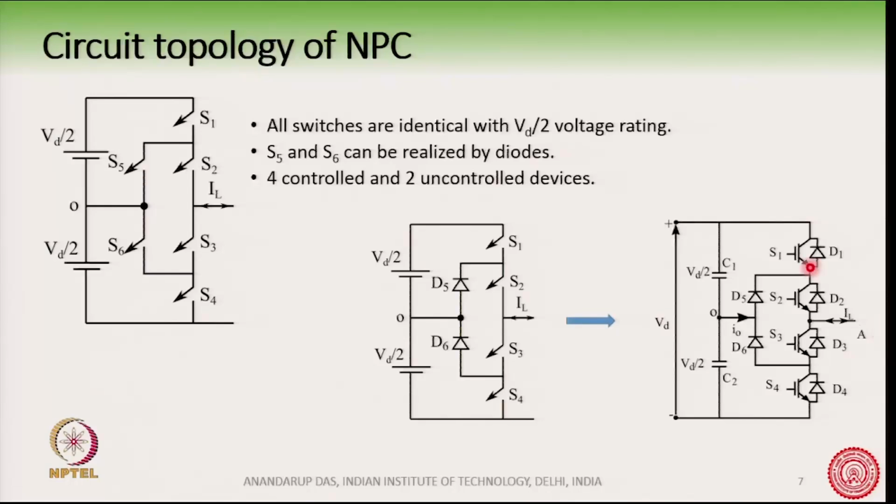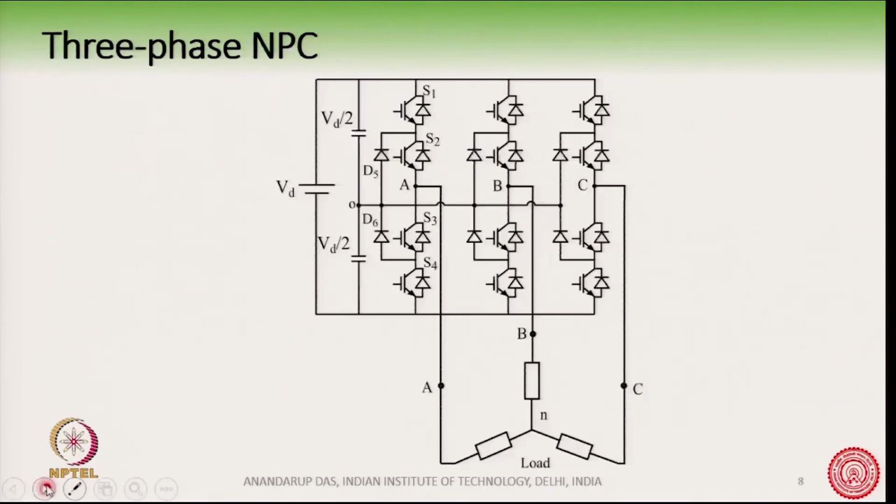This is one phase of the converter, and we also have the 3 phase 3 level NPC shown here. Here you see that you have this as one phase, and the midpoint of the capacitor is connected to this point here. It is also connected here for the B phase, and also here for the C phase.